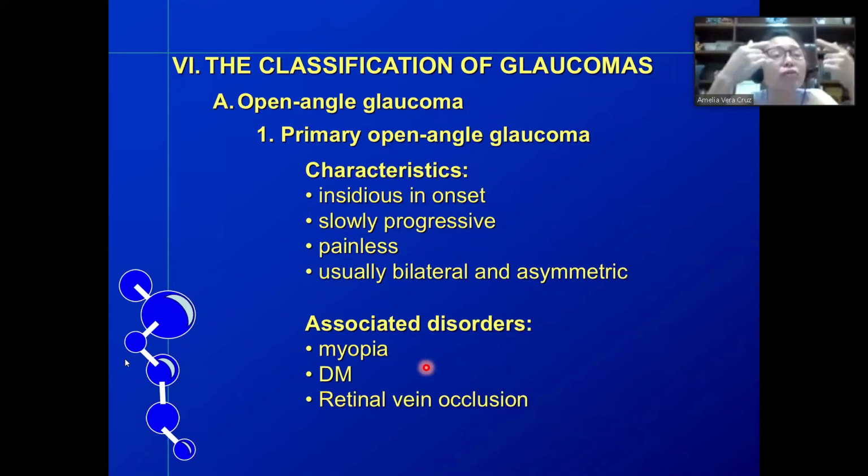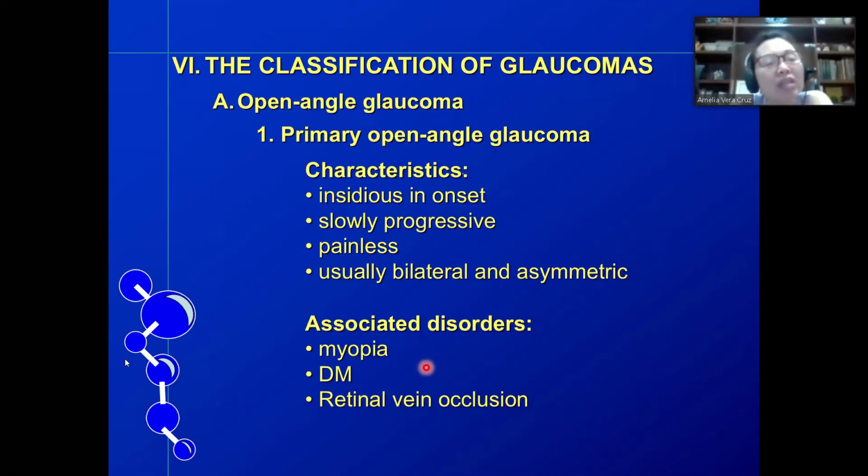Pag ginanon mo, soft ang eyeball ng patient. But, pag kunan mo yan ng pressure, if the pressure is more than 20, that means may possibility na may glaucoma na yan. Kasi myopic patients, usually pag walang glaucoma, dapat ang pressure niya mababa. Kasi soft, ang sclera sobrang stretch.